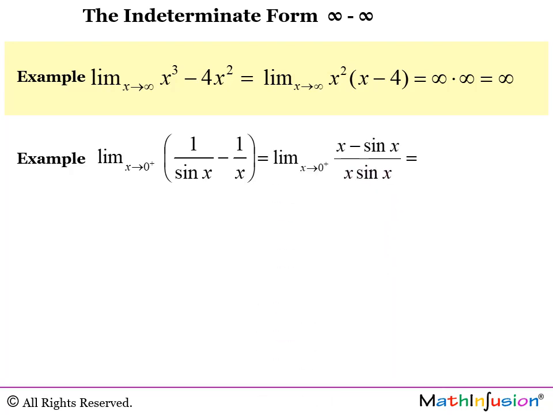We try first to simplify this expression by a common denominator. And we realize when we are doing this that this form is no longer infinity minus infinity, but a much better one. This is now 0 over 0. It means that we can just go ahead and use L'Hôpital's as always.